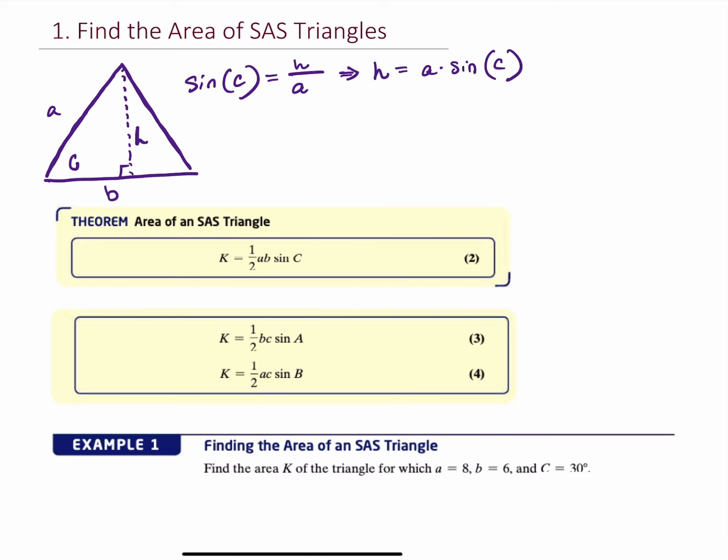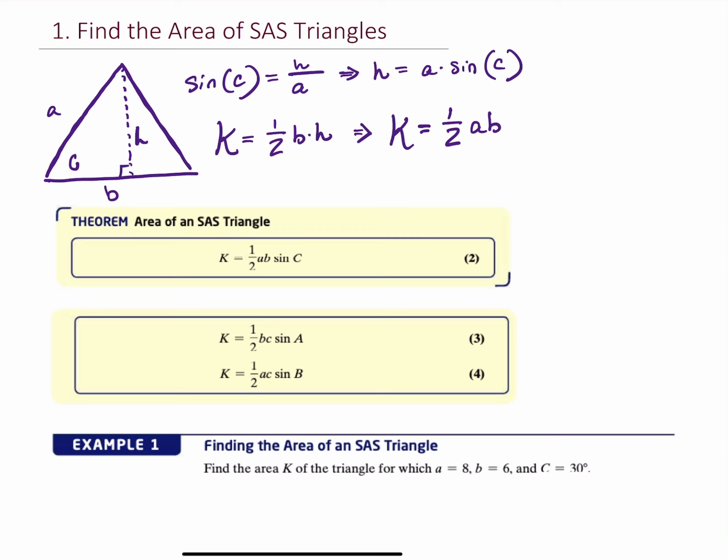And let's recall, they like to use K for the symbol for the area of a triangle. It's 1/2 base times height. So if we just replace height with this expression that we have, we can say K equals 1/2 B times A times sine of C. And they write the A first.